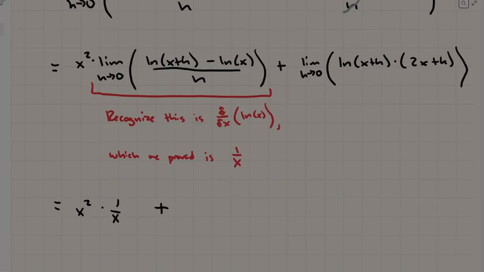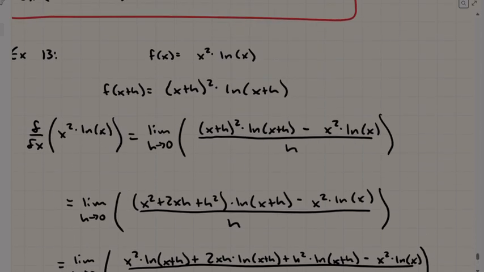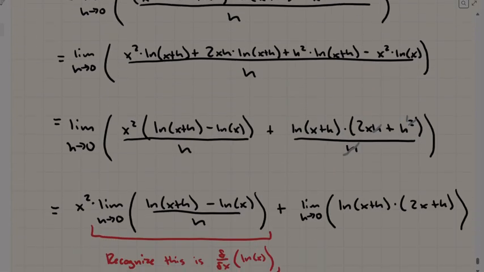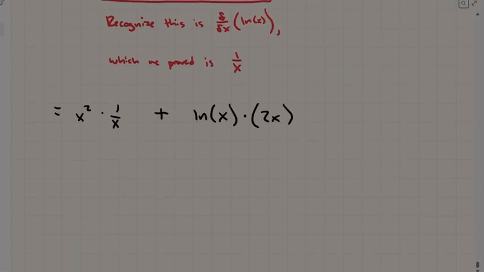Then we've got plus. Now, can we evaluate h equals 0 in this second term? Ln of (x + 0), that's ln of x, times 2x + 0, that's 2x. Okay. And so the original function was x squared ln x. All right.